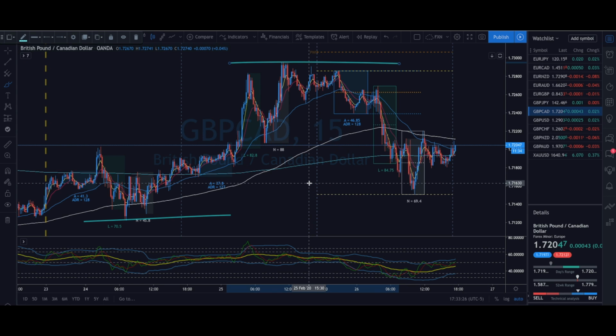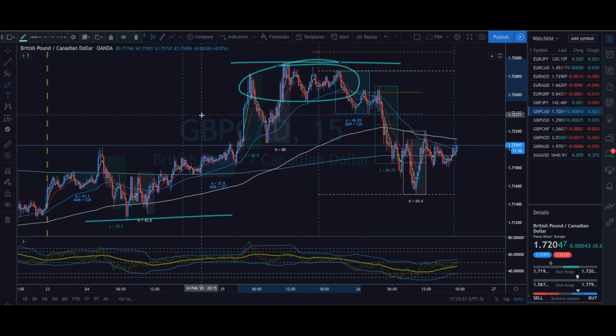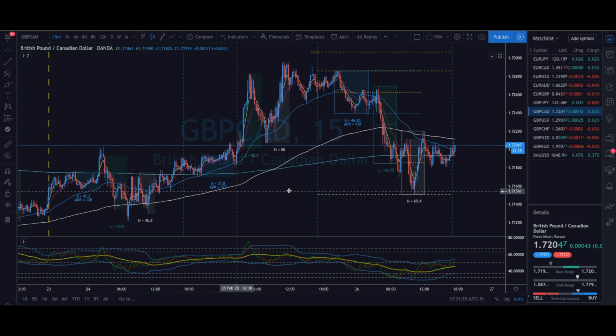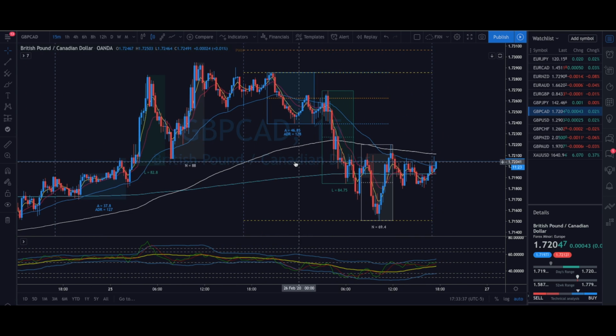As far as right now, we have a peak formation high up here. The trades taken by some of my students were on Pound CAD during London session. Pound CAD and Pound USD were the two pairs, and essentially they were the identical move.